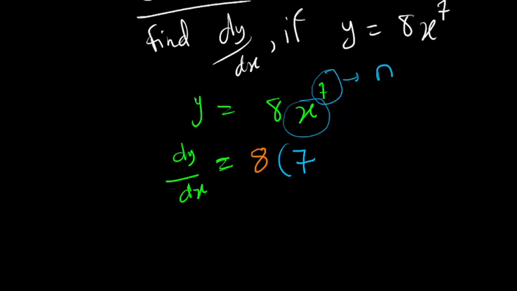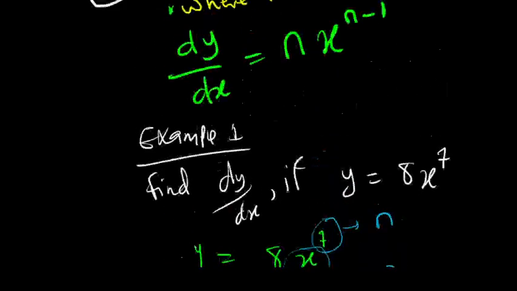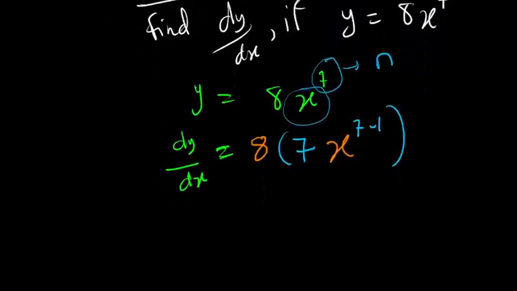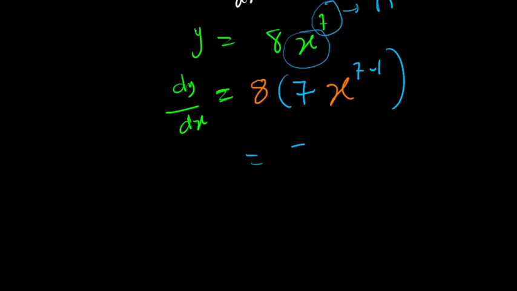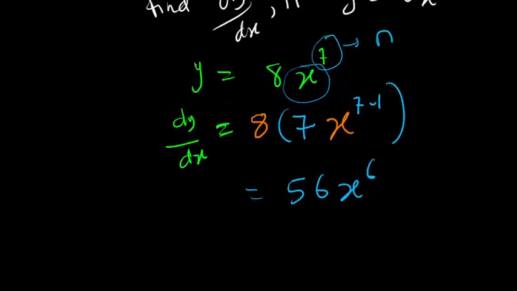Then I write x back, then I write 7 minus 1, that is n minus 1. So finally I have 56x raised to power 6. Look at that, that's very simple.